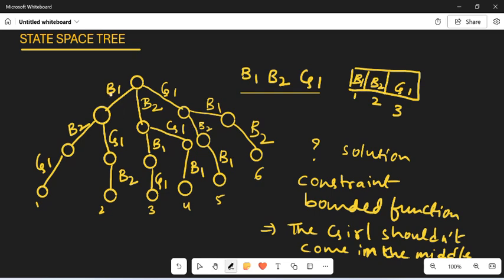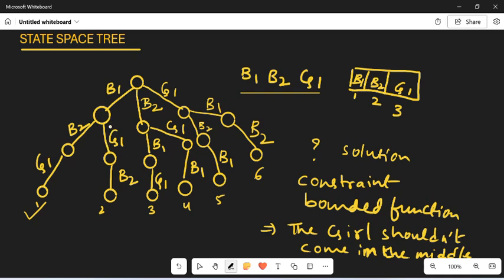Now let us check it. First possibility, B1 B2 G1. Is the girl coming in the middle? No. That means this is one solution, right. Next, try another possibility, B1 G1 B2. Therefore the girl is coming in the middle.